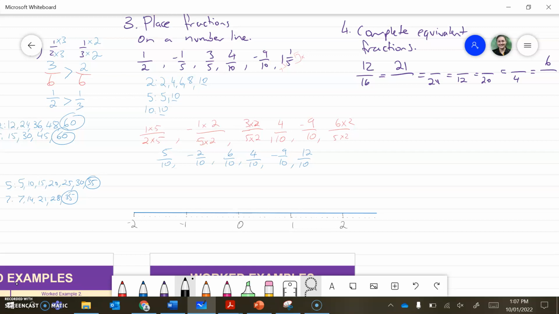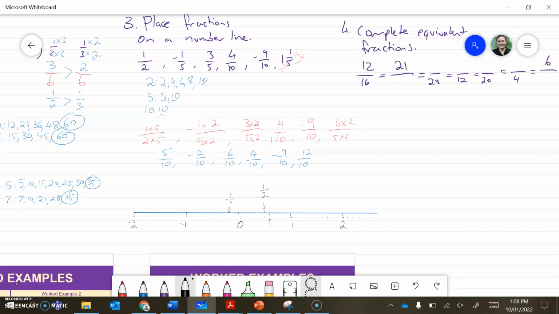So 5/10, that's going to be halfway between 0 and 1. So 1, 2, 3, 4, 5. So here 5/10, and the original fraction that we were meant to place was a half. -2/10, so that's going to be 2 below 0, 2 of the increments that I've marked. So 1, 2, and -1/5 is equivalent to that. 6/10, so that's going to be positive. Now it's going to be 1 above our half, which was 5/10.